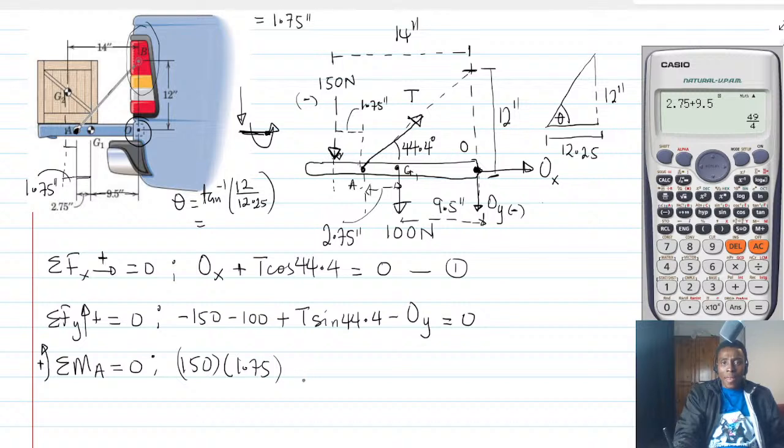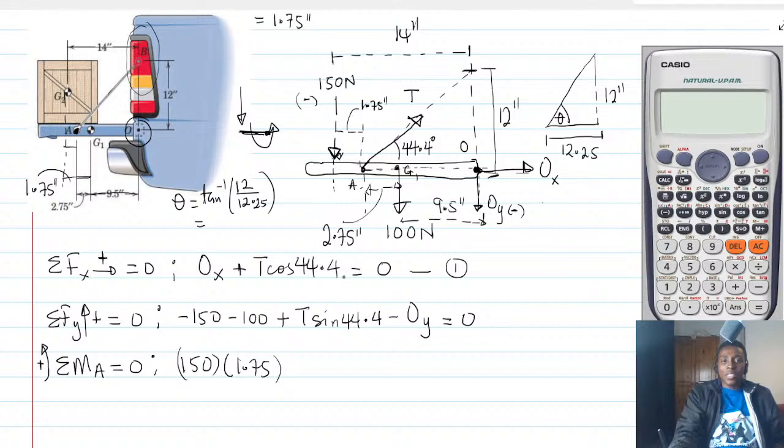And then, okay. Since we are taking moment about A, the moment of the tension force about that point is 0. So we don't need to bother. And interestingly, the line of action of OX will pass through A, in the horizontal direction. Since the line of action of O passes through that point, the moment is also 0.